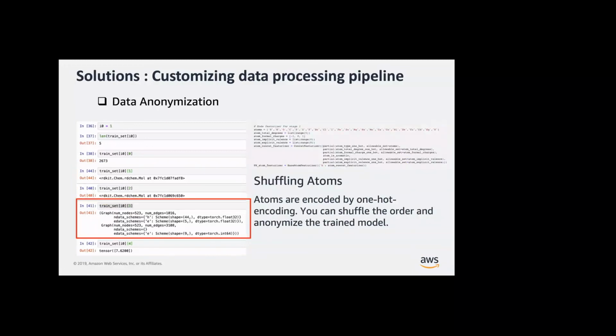Another thing we did was shuffling atoms. You see those nodes and the edges, right?